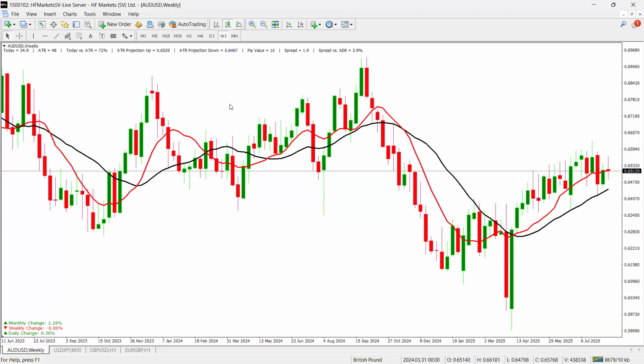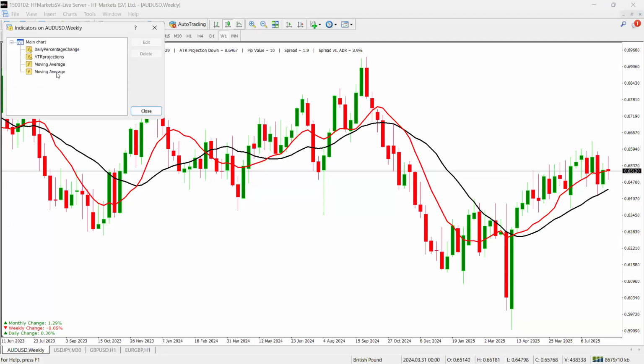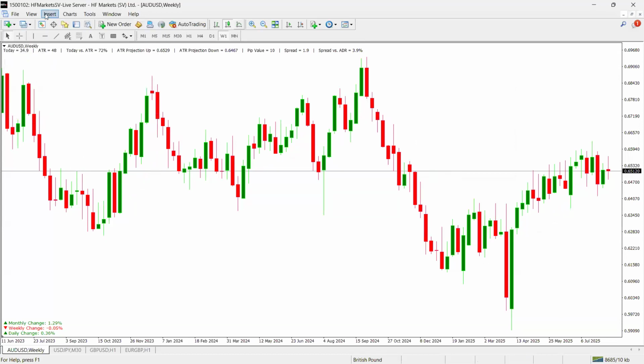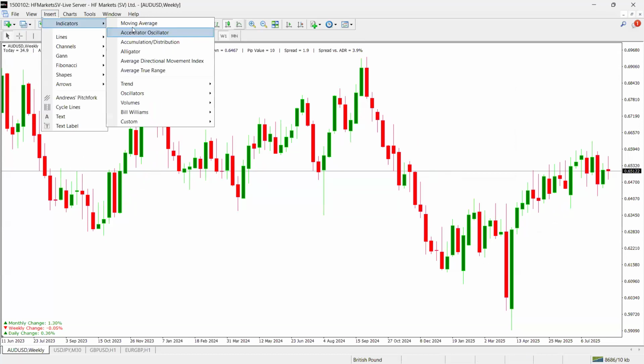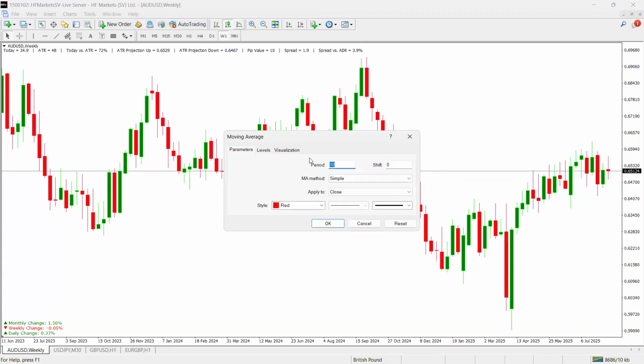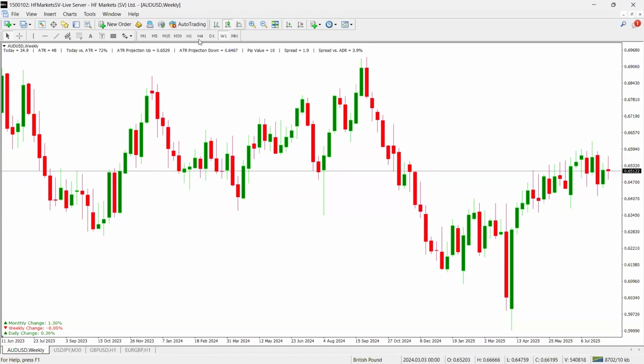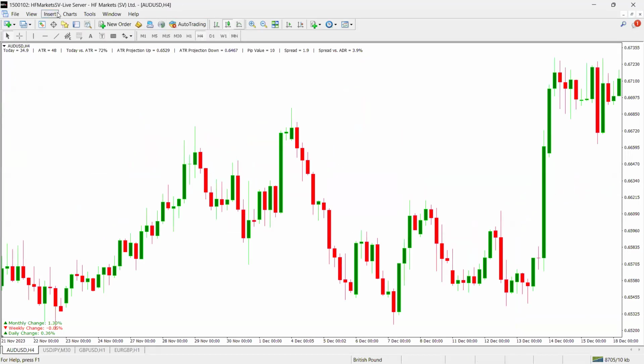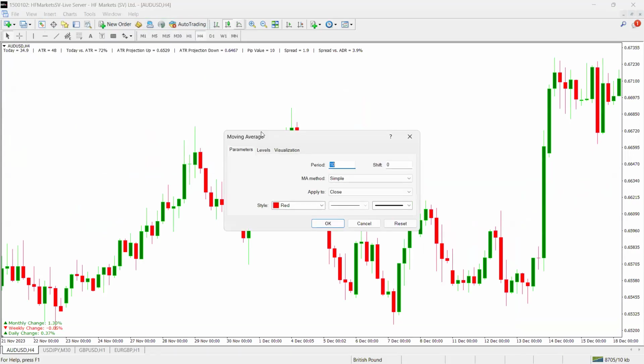Then remove it, delete, or I could just edit it if I wanted to, and then add the one that works for higher time frames. This is weekly now, I'd rather use 100 and 200 for weekly because it's very high. I don't want to do something this high. Let me do H4 and do 50 and 100 or 50 and 200, whichever one works.